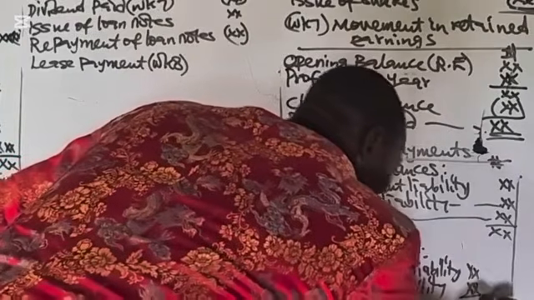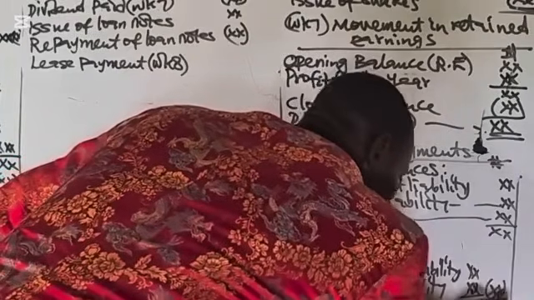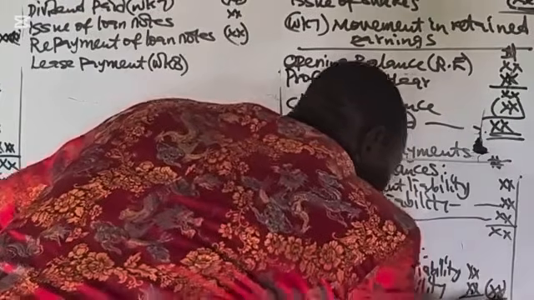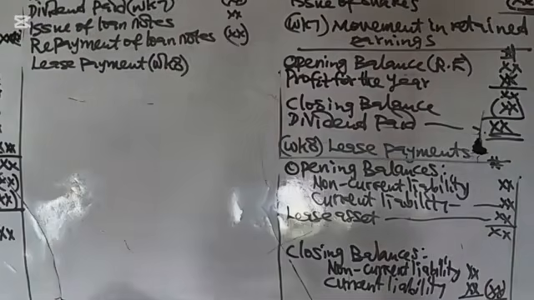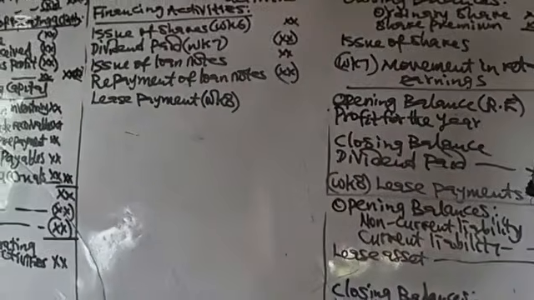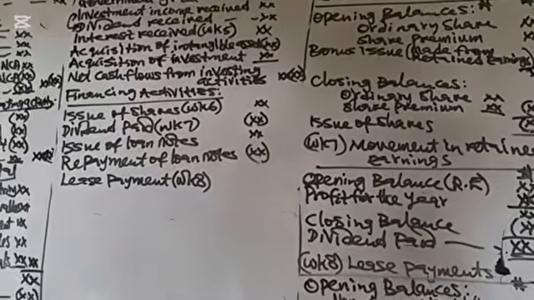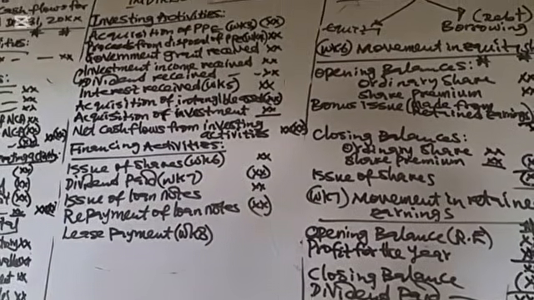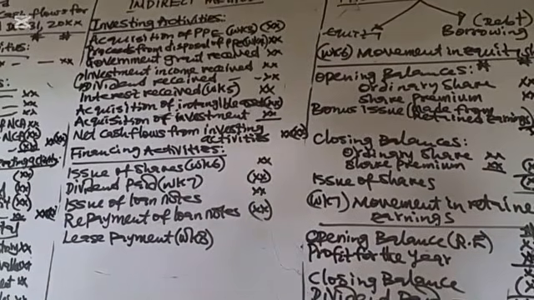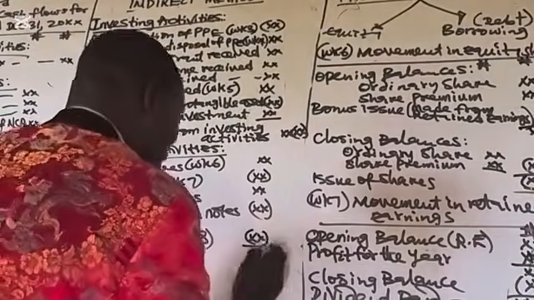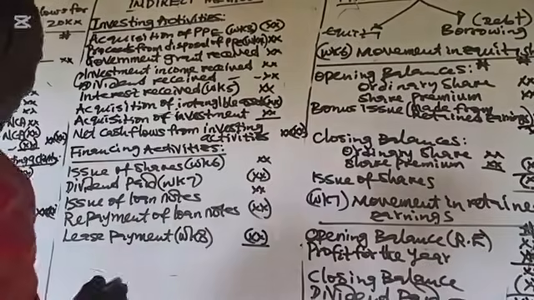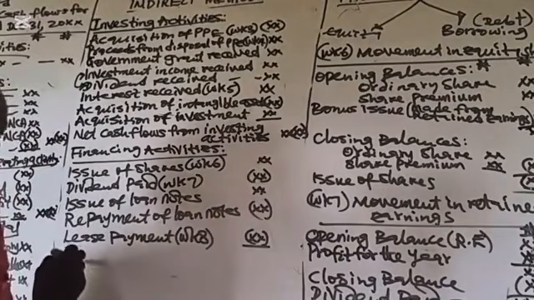So after this, you get the amount paid, the lease payment. This amount paid, you will include under financing activities. So lease payment. After all these adjustments, the sum of this is net cash flows.